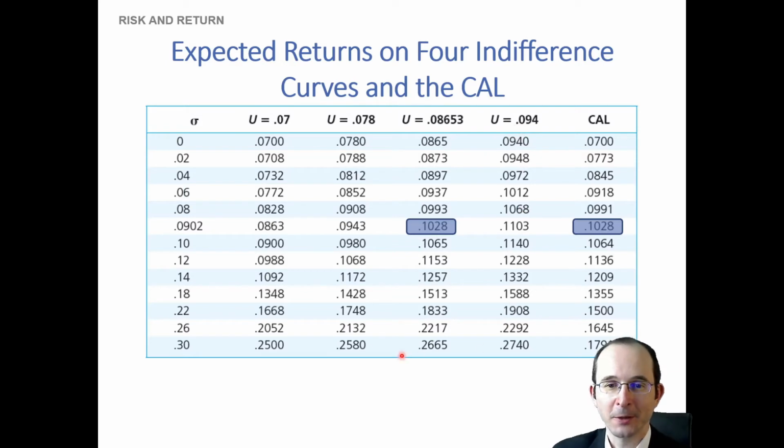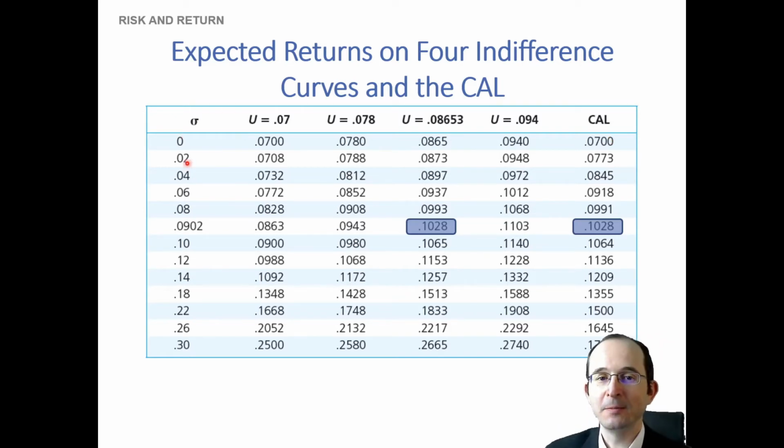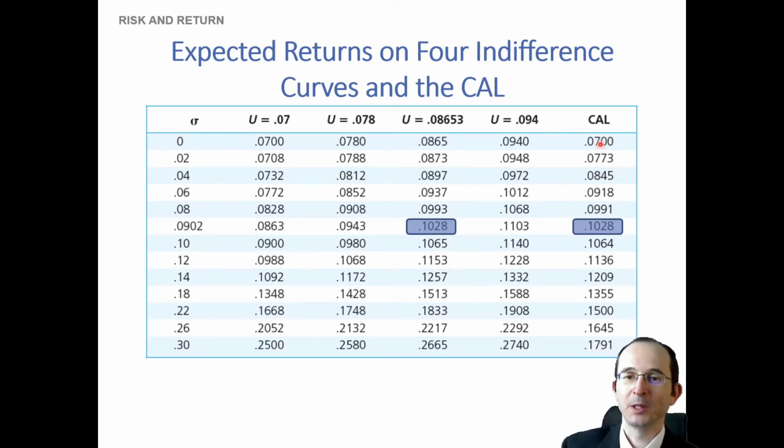Now, if we look at all of these possible values we can generate, which of them actually matches a value that we can achieve on our capital allocation line? Remember, the capital allocation line is another way to map volatility to risk premium, because now we have that linear relation. For each additional unit of exposure you take to the risky asset, you get that same amount of risk premium.